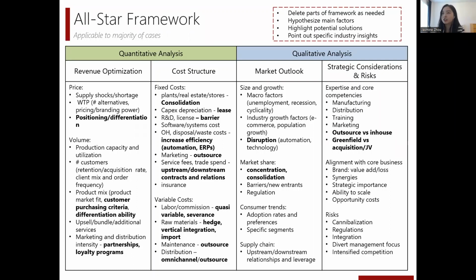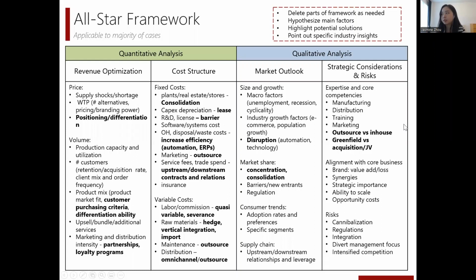And that is just a fancy word for saying everything else that I can't really think of another bucket to put it in. But it's very important, because in this bucket, you can touch on key qualitative factors relating to your structure. So I like to split it into 3 sub buckets.